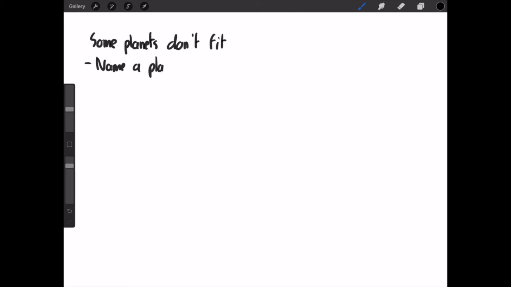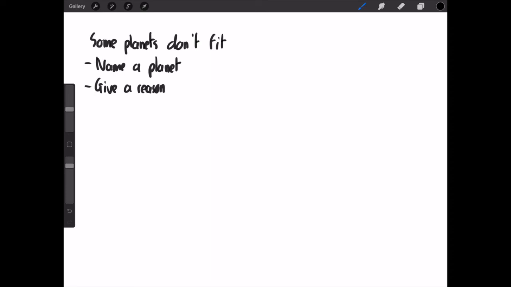If you can give an example. And if you ever get these questions at GCSE where you're given a table of data and you're asked to do something with that data, always try and pick an example from it. The second mark is nearly always from that. And so you name the planet and then give a reason why that planet doesn't fit the data. There's a couple of answers you could have here.